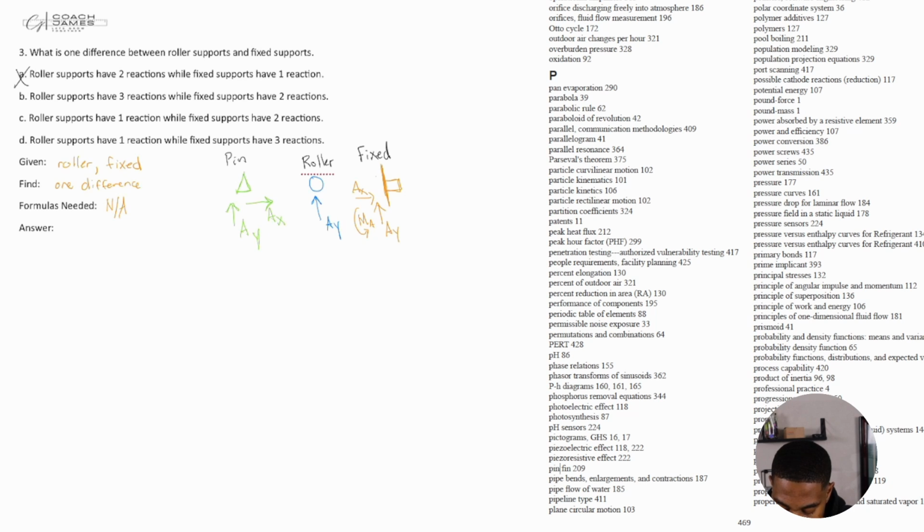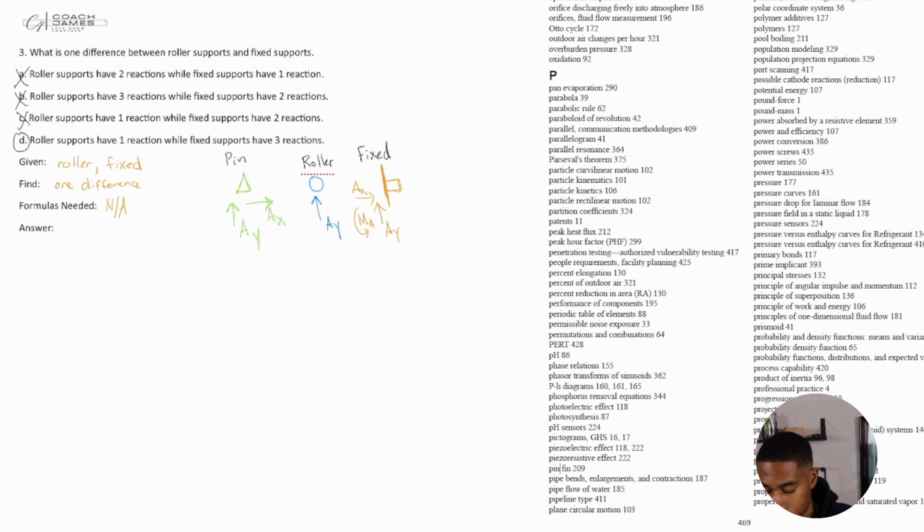Okay, roller supports have three reactions. Nope. Okay, roller supports have one reaction. Good. With fixed supports have two reactions. Well, we know our fixed support has an AX, an AY, and a moment reaction. So that's three reactions. So we know that's not right. So our answer is D.